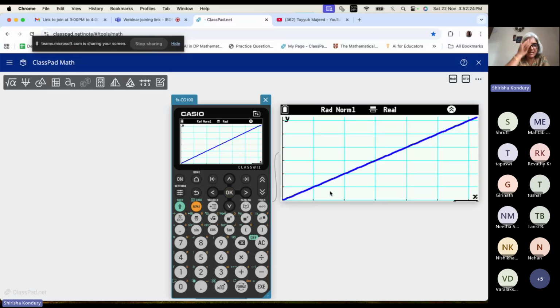I had entered a random one, like t and 1 plus t, and it has given you this. But this is one option which allows you to draw the coupled differential equations. Once you get the parametric equations right with your eigenvalues and eigenvectors, then you can use this option to graph them. But we will specifically dedicate a session for calculus for sure and share all the information.